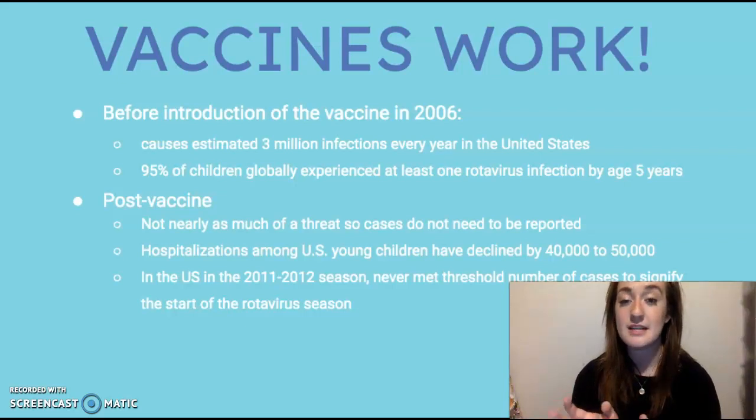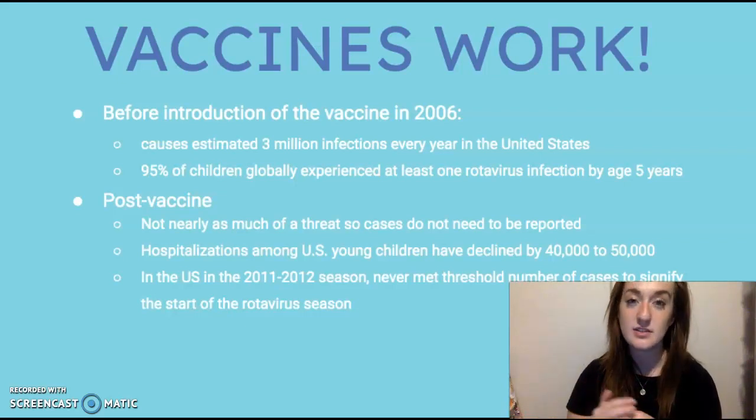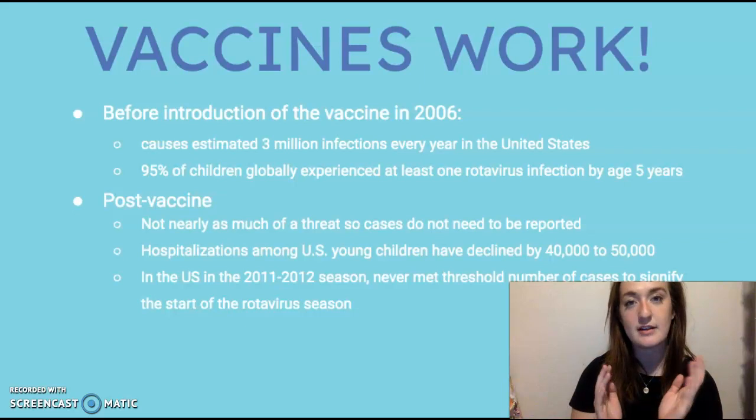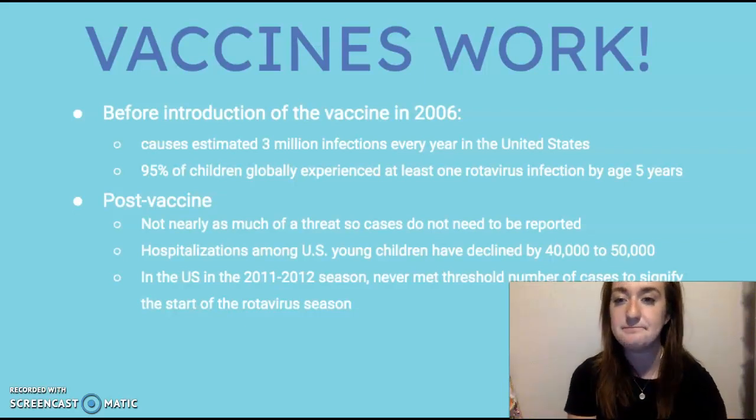Hospitalization has been estimated to decrease by 40 to 50,000. And again, that's also kind of hard to measure, because it becomes such a lesser problem that we're actually not even collecting that much data on it. A great example of that would be the 2011 to 2012 season, where the number of cases never even met the threshold, or the minimum number of cases, to signify the uptick of rotavirus and indicate a rotavirus season.